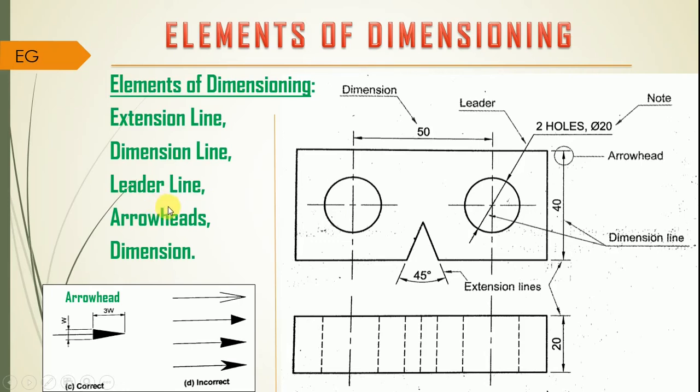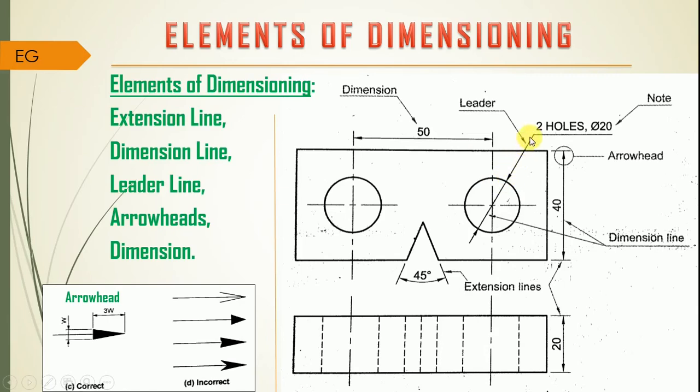Leader line. It is an interesting one. What is a leader line? If you are showing the dimension of a circle, you simply draw the dimension line, and further on, to show that dimension, you extend it in the form of an inclined line, which is not exactly horizontal or vertical but has some inclination.